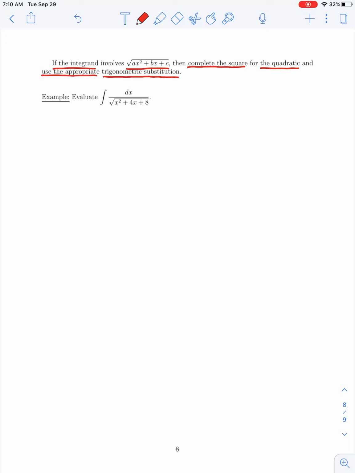In our first example, we're asked to evaluate the integral of dx over the square root of x squared plus 4x plus 8. So the denominator here involves the square root of a quadratic, but we see that our quadratic is not the sum or difference of squares. So let us try to complete the square for that quadratic in the denominator.